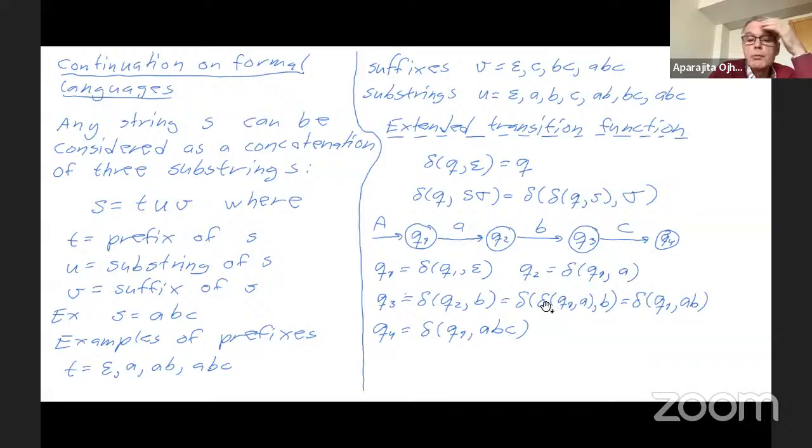By this recursive definition, this can be described as S followed by sigma, in our case A followed by B. So Q4 can be represented as a transition from Q1 via the string ABC. This is a quite useful extension of the transition function.